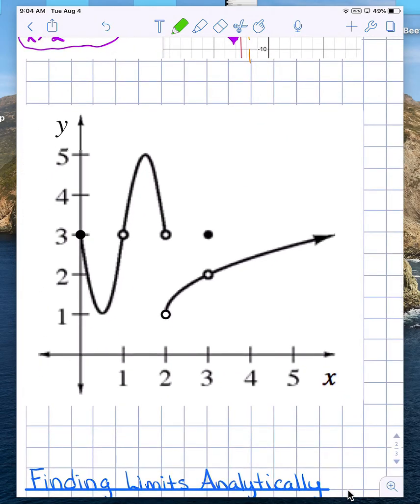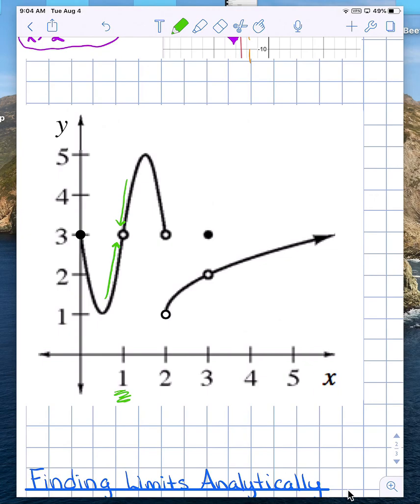Okay, as x approaches 1, we're going to look at x values that are bigger than 1, and if we plug those into the function, I can see that as we get closer and closer to 1, even though they're bigger than 1, as we get closer and closer to when x is 1, we're getting closer and closer to this y value. From the left side, as x values get closer and closer to 1, the y values are getting closer and closer to the same value.